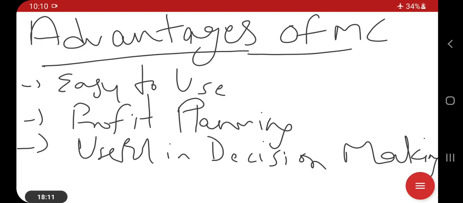And then under marginal costing, inventory valuation is done at the marginal cost, and also the fixed costs are not controllable in short period. It helps to concentrate on control over the variable costs. So these are the advantages of marginal costing.